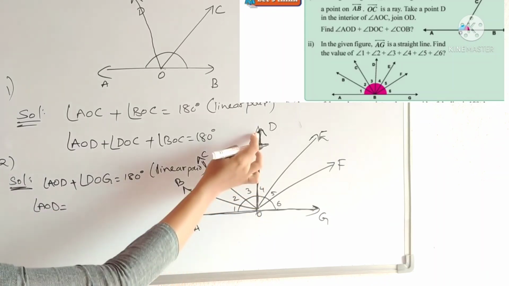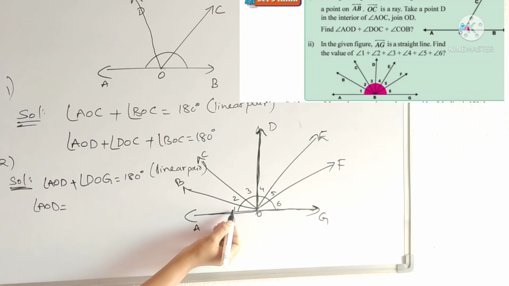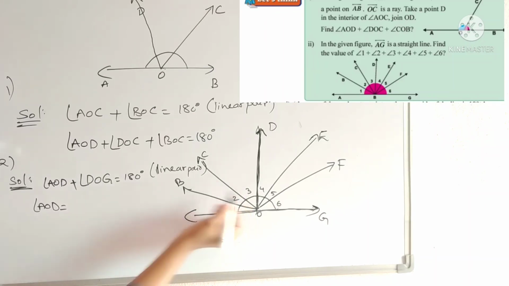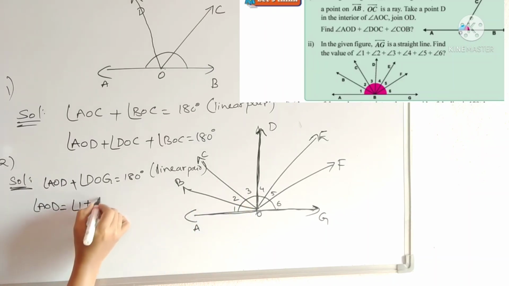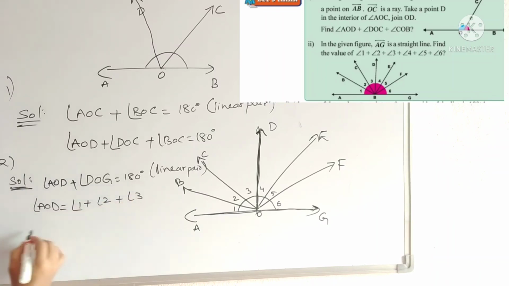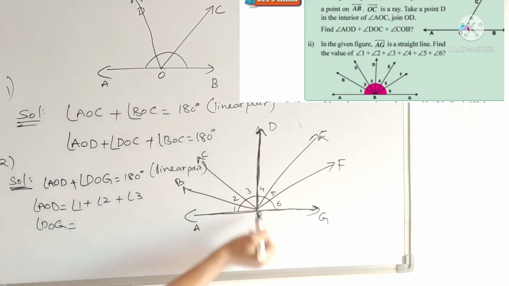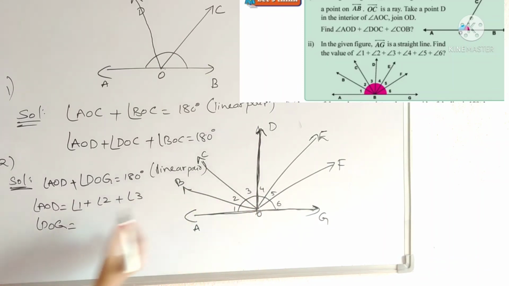Angle AOD we can write as angle 1 plus angle 2 plus angle 3. And similarly, angle DOG is angle 4 plus angle 5 plus angle 6.